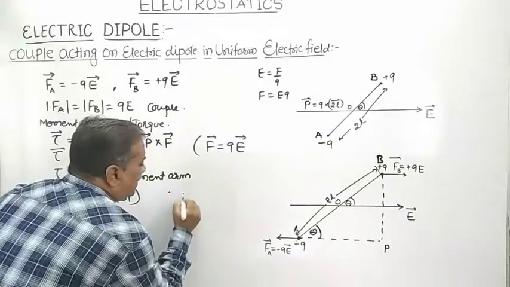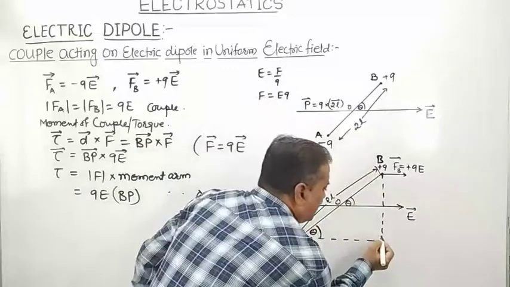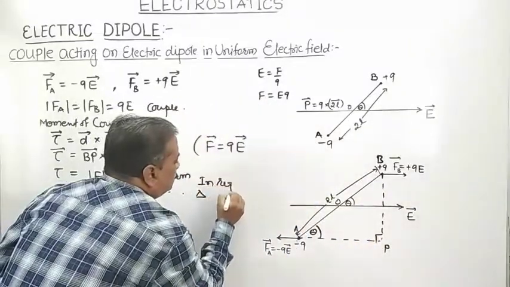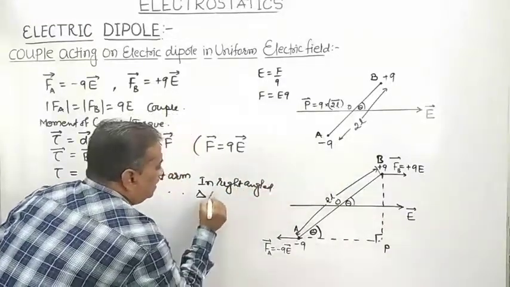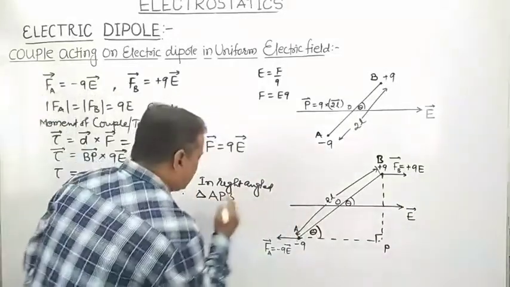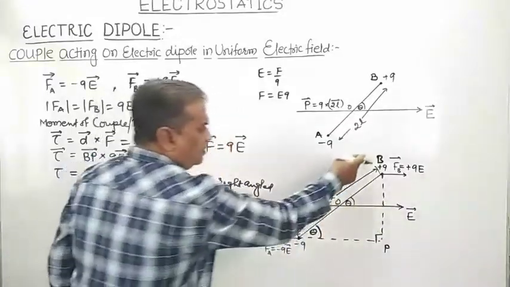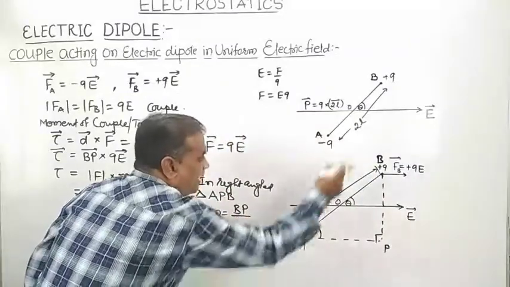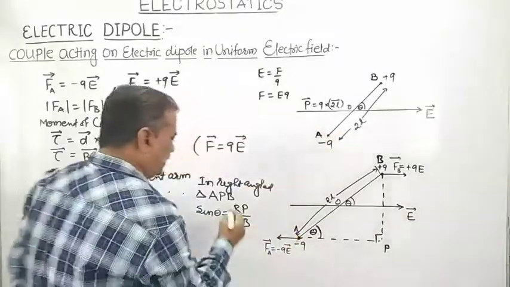Now look at this. APB is a right angle triangle. In right angle triangle APB, what is sine theta? Sine theta is equal to the opposite side BP divided by the hypotenuse AB, and we know that AB equals 2L.